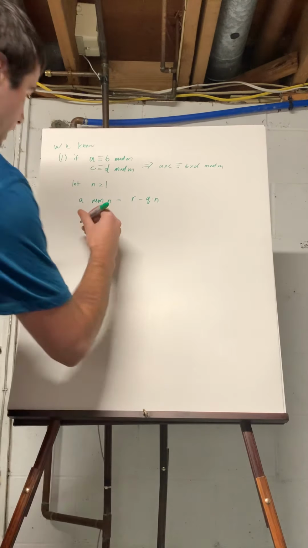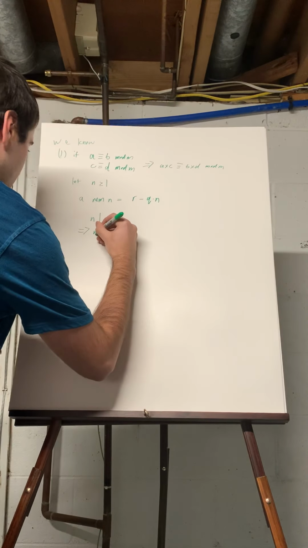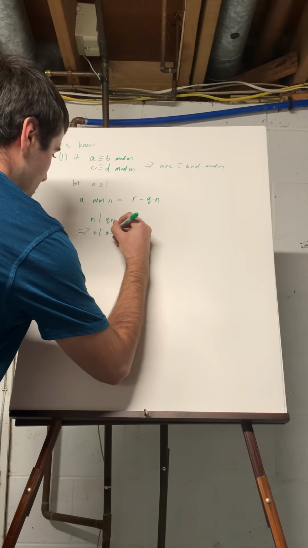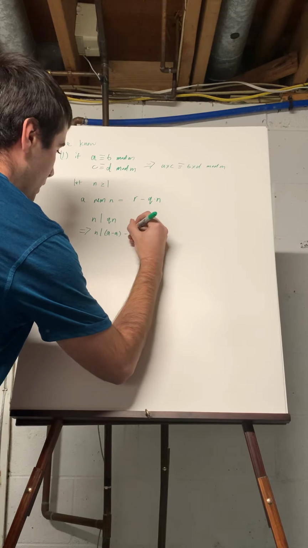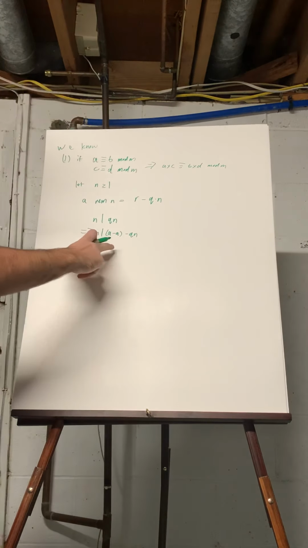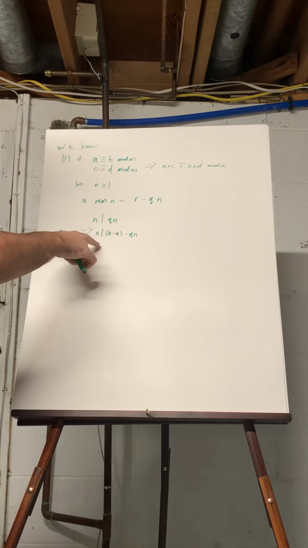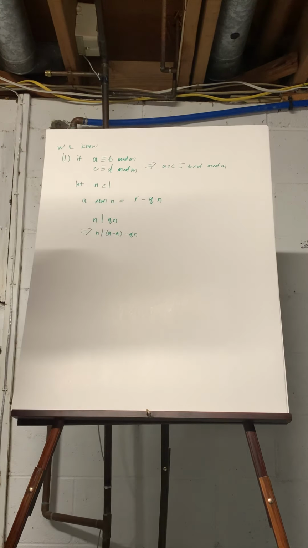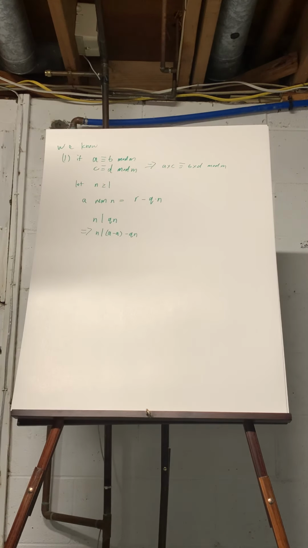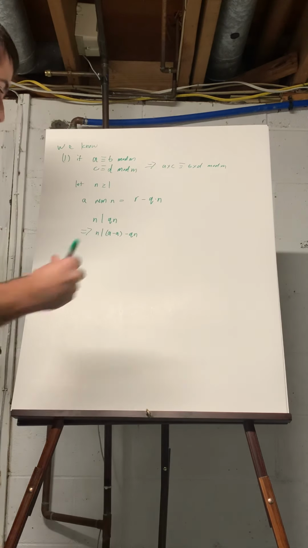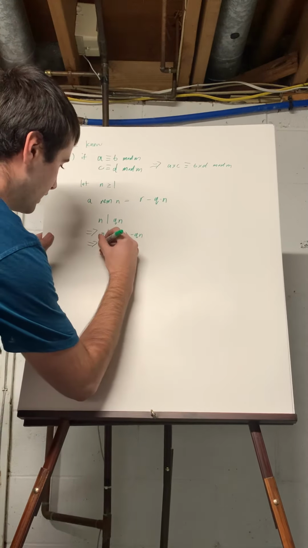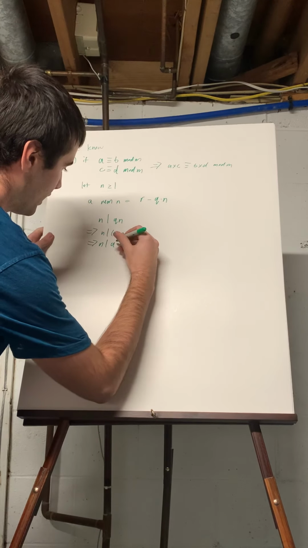We can also then say this implies that n divides a minus qn, because a minus a will just be equal to 0, and since n divides qn, n also divides negative q times n. From there, since addition is commutative, we can rearrange this to say that n divides a minus qn.